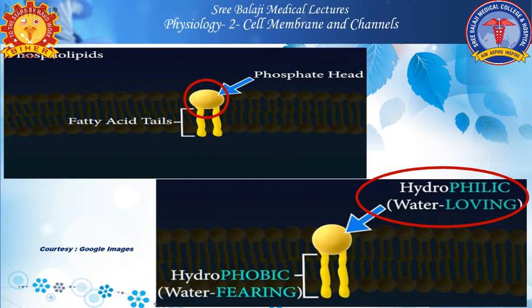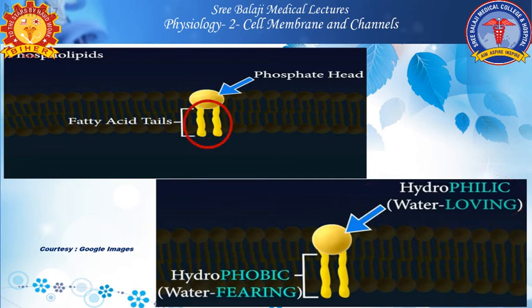This phosphate head part will be facing the fluid present in the extracellular space and the intracellular space. That is, the phosphate head will face the extracellular fluid and also the intracellular fluid. Now the second part is the tail part, which is made up of fatty acids. This is hydrophobic in nature, that is, it is water fearing.